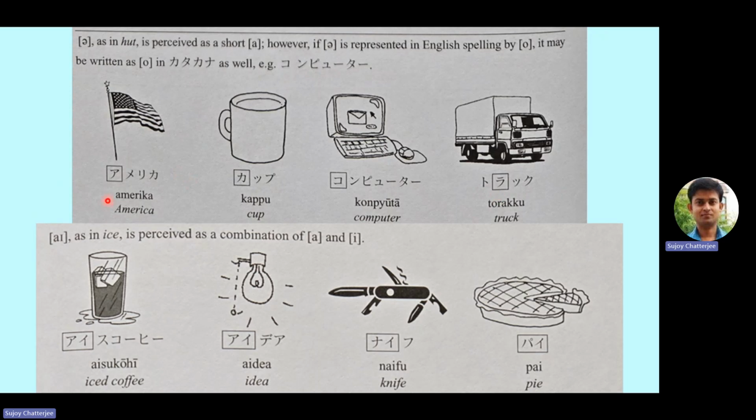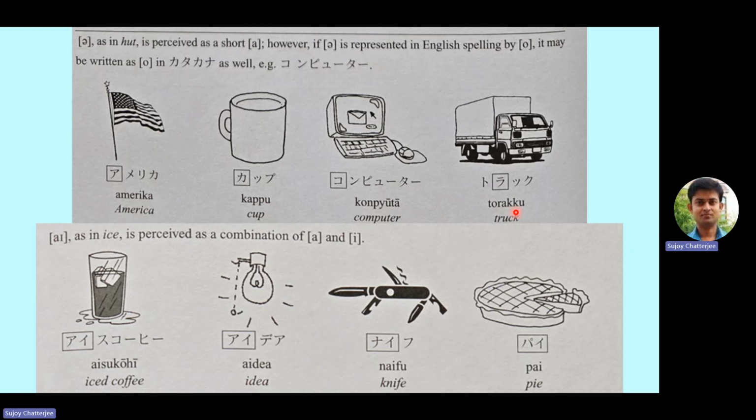So that means if it is a, then it is a. If it is o, then sometimes it is an o sound here. And if it is a again, like truck, it is the a sound, ra. So America, kappu, kompyuuta, and torakku.